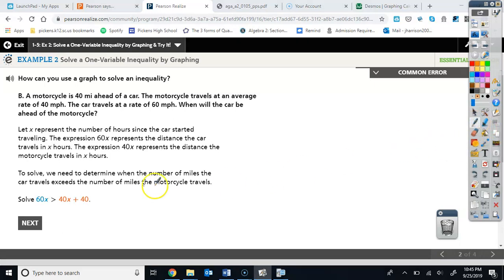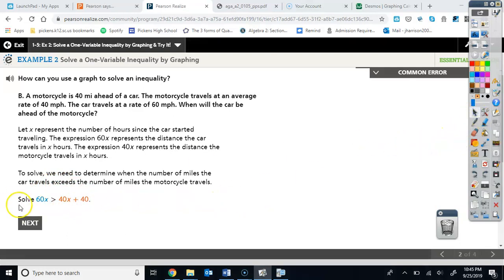But the motorcycle is already beginning 40 miles ahead. The difference, though, is that the car is traveling faster. So we want to know, when will this be greater than this? When will the car pass the motorcycle?